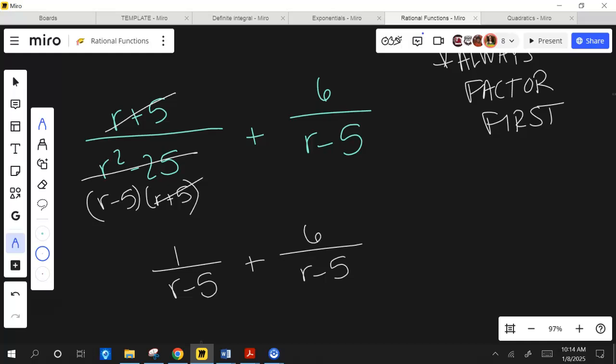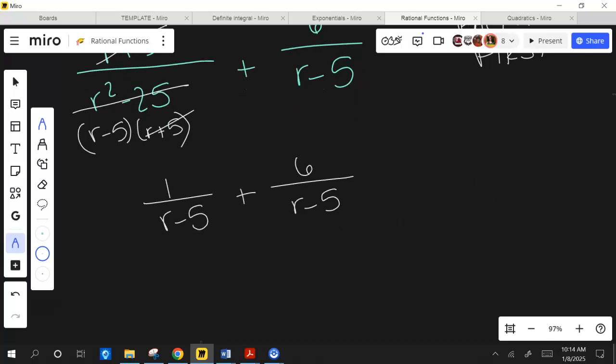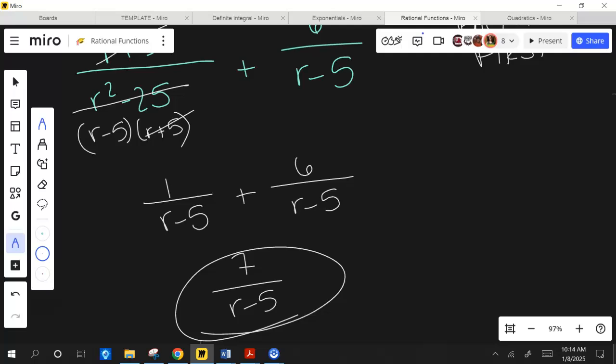I don't have to force them to have the same denominator. They already have the same denominator. Yep, you can. Not if it's on the other fraction, no. Just in the same fraction.